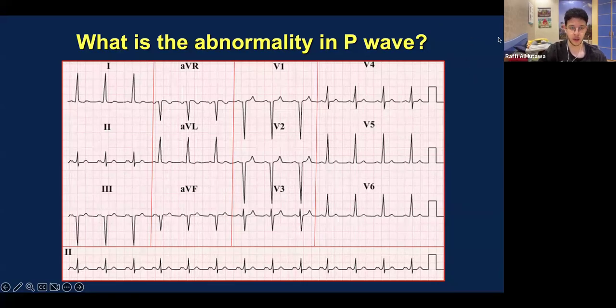Over here, they're already telling you there's some sort of abnormality in the P wave. So what is the abnormality? When we're looking at enlargement and hypertrophy, for the ventricles, look at V1, V5, and V6. For the atria, look at 2 and V1.